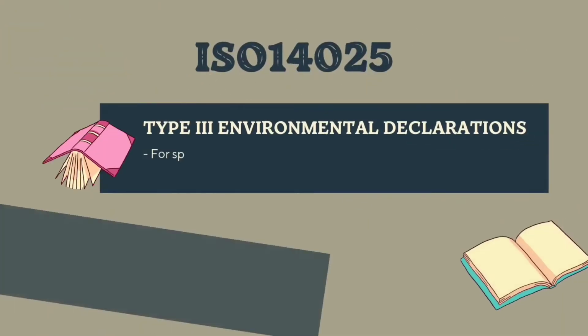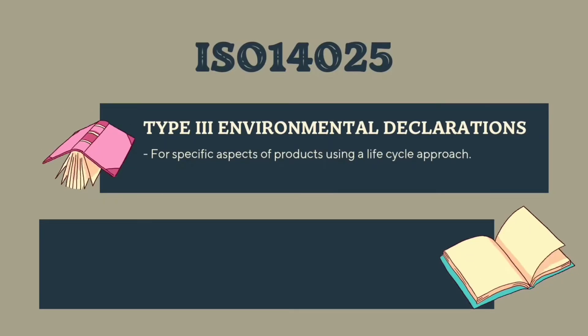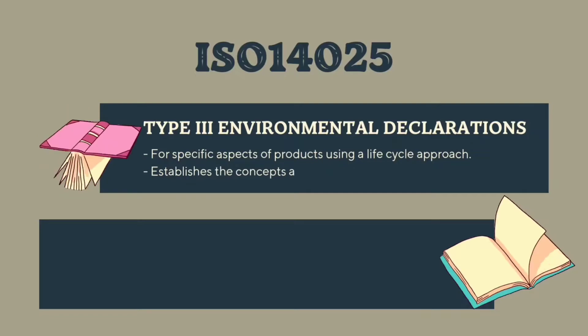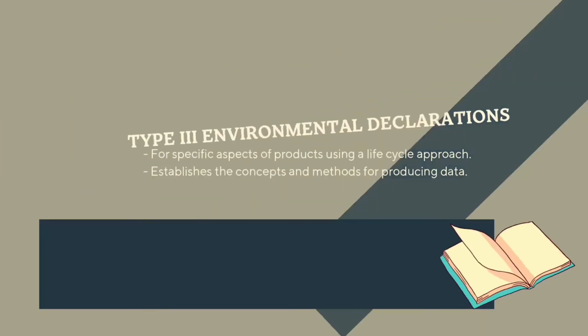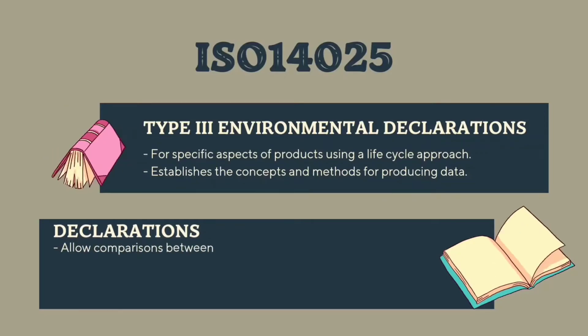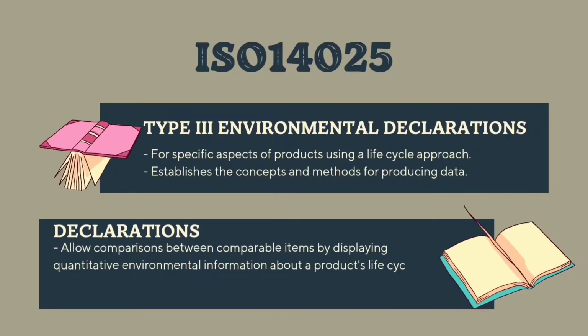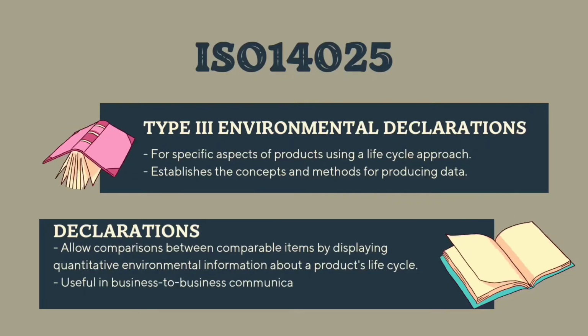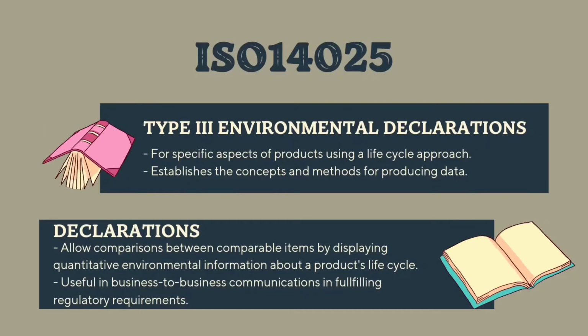ISO 14025 is the Type 3 environmental declarations. It is for specific aspects of products using a life cycle approach, and it establishes the concepts and methods for producing data. The declarations allow comparisons between comparable items by displaying quantitative environmental information about a product's life cycle, which is useful in business-to-business communications and in fulfilling regulatory requirements.